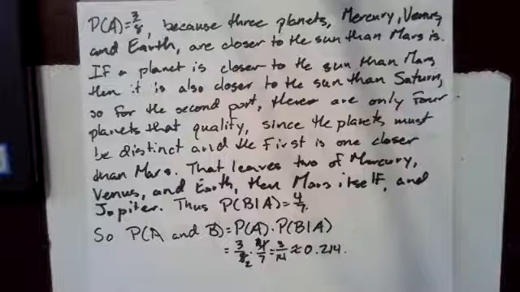That leaves 2 of Mercury, Venus, and Earth, Mars itself, and Jupiter. So the probability of B given A is 4/7. Therefore, the probability of A and B is the probability of A times the probability of B given A, which is 3/8 times 4/7, which is equal to 3/14, or about 0.214.